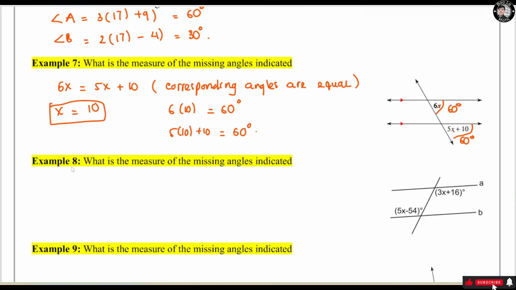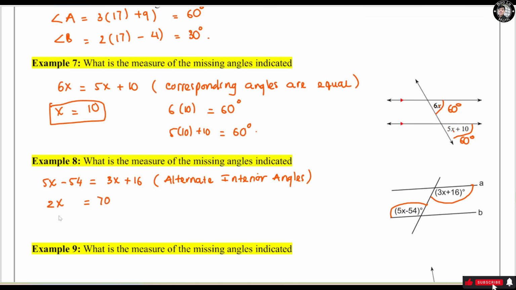Now example number 8. What are the measure of the missing angles indicated? Now observe that this angle and this angle are the same because they are alternate interior angles, right? Now we're going to subtract 3s both sides, so we have 2s equals, add 54 both sides, so it could be 70, right? Divide both sides by 2, so s equals 35, right?